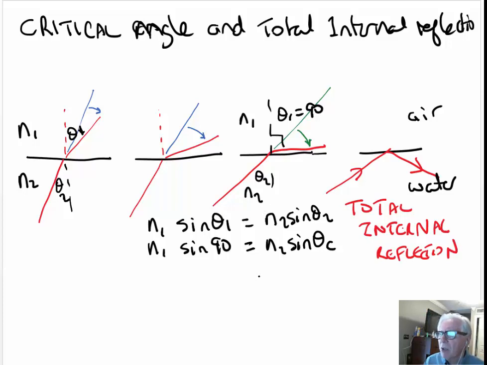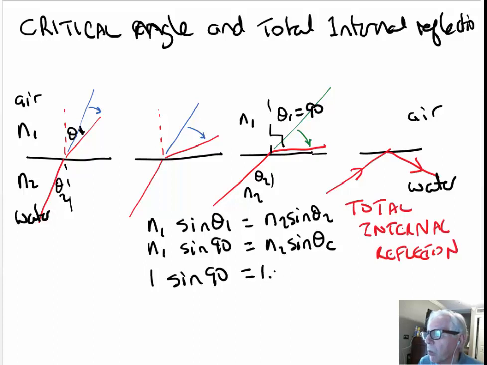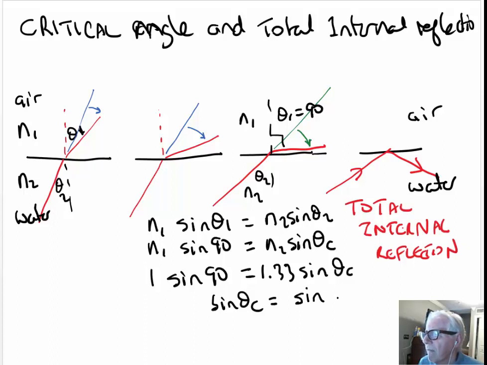So let's work it out for air and water. Let's say that this is air and this is water, because I know those numbers. So 1 sine 90 is equal to 1.33 sine theta c. So sine theta c is equal to sine 90 over 1.33, which equals 1 over 1.33.